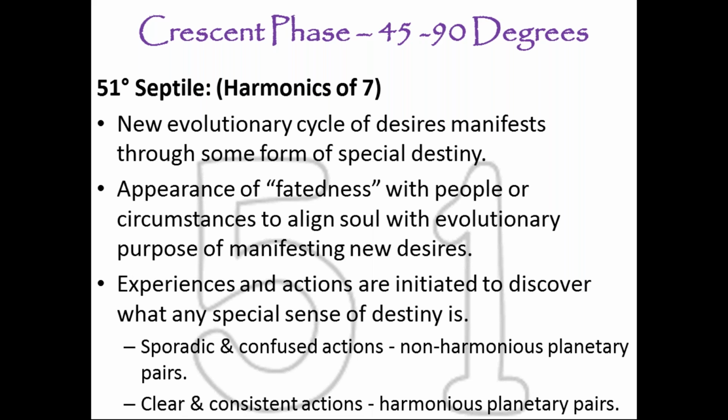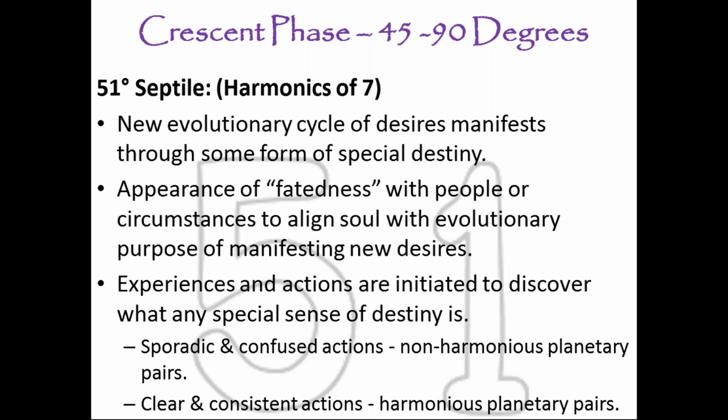I still think these two could probably have sporadic and confused actions. I bring this up not to tell you to agree with me, but to invite you to look at this yourself, if you have any planets that are in septile aspects to each other. This can be the septile, the biseptile, and the triseptile.